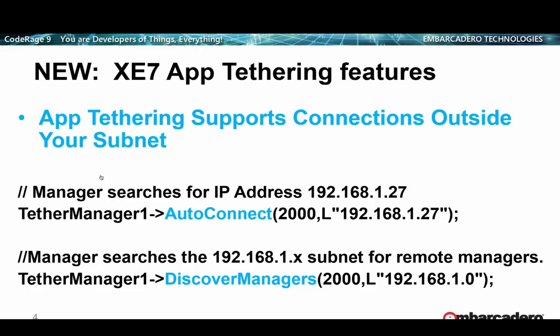So in the previous XE6 release, the methods to discover remote devices to connect to, Auto Connect and Discover Managers, used to look for devices in the subnet of the local area network where the device running your application was.